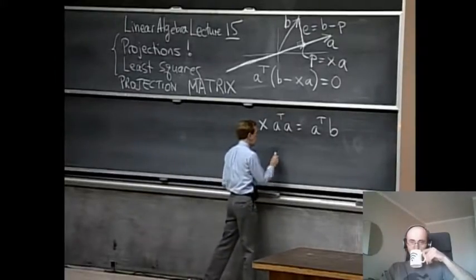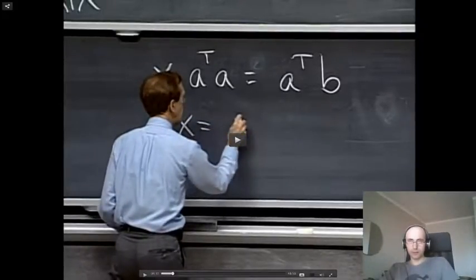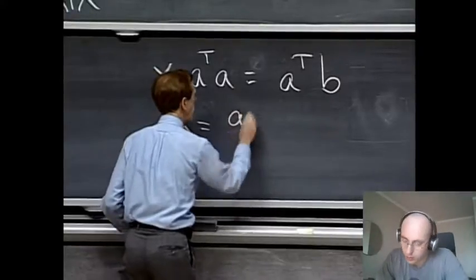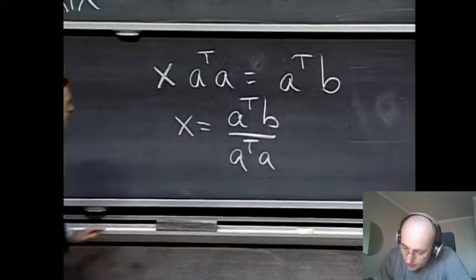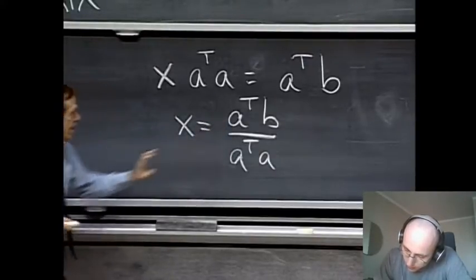And I divide by it, and I get the answer. x is A transpose B over A transpose A. Yes, it is a number, because A is a vector, so you're multiplying the row vector by the column vector, and what you receive is a number. And P, the projection I wanted, is that right multiple.